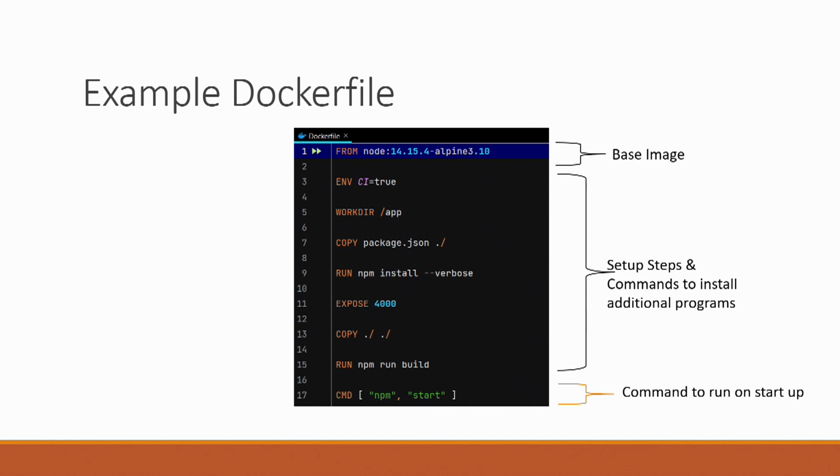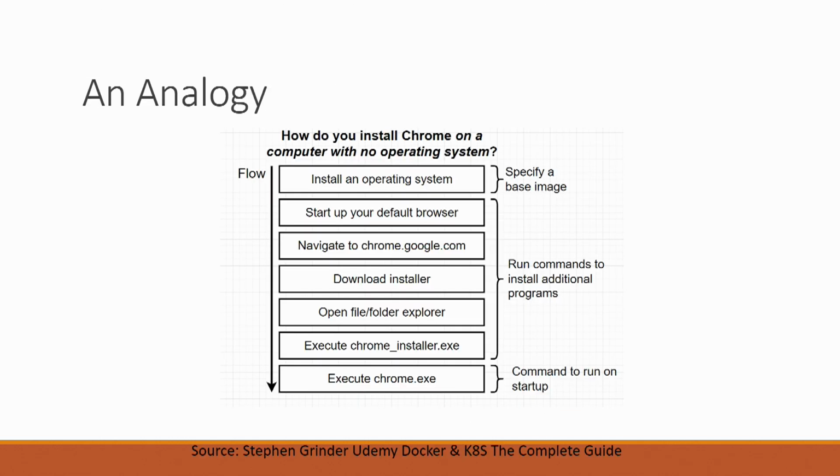I think it's clear. Let me just go over it one more time. From the analogy, we want to install Chrome on a laptop that has no operating system. The first thing to do, which is to specify a base image, is to install an operating system.